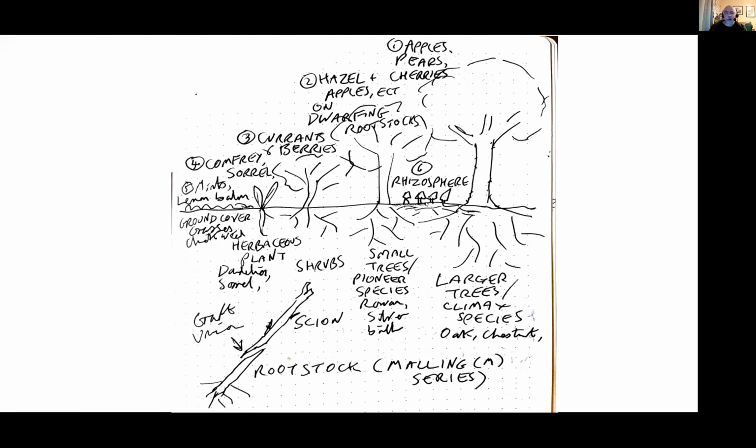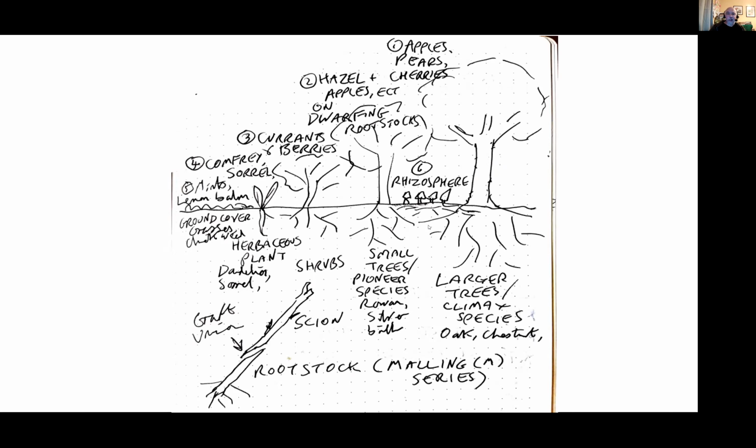But I think the rhizosphere, we're also thinking about the structures of the underground economy, as they say, and the fungal layer, and what's happening with those mycorrhizal associations. So considering that, the rhizosphere, or the root zone, or the underground zone.